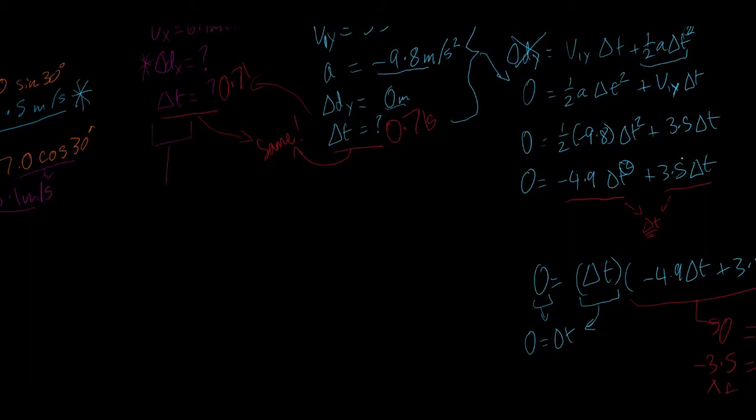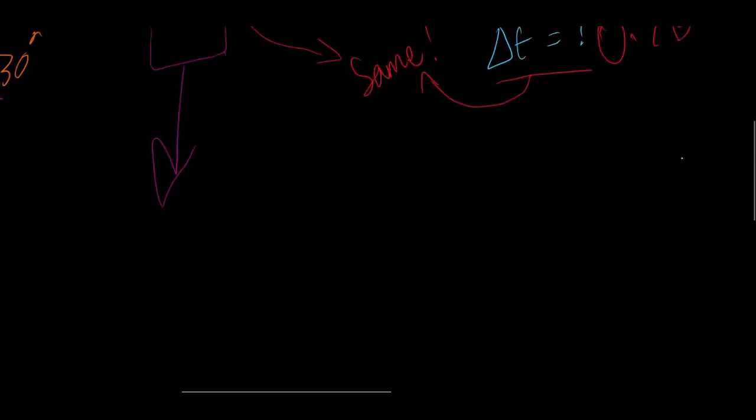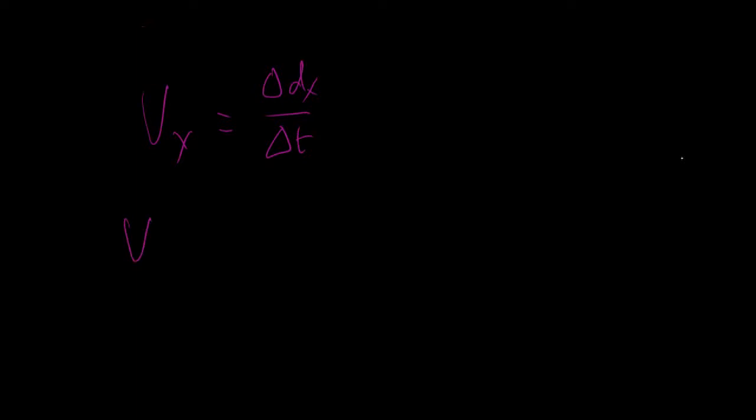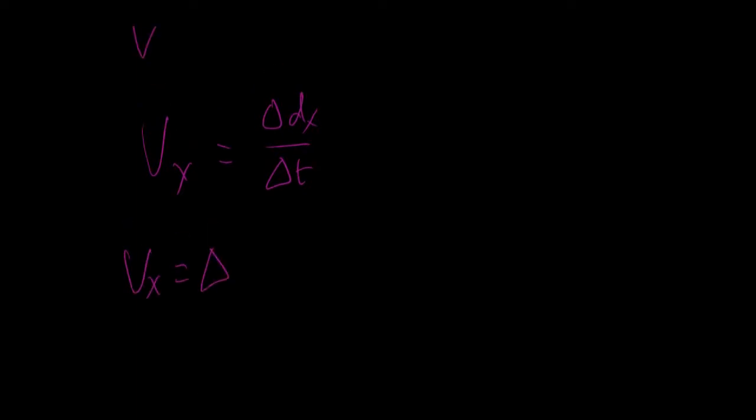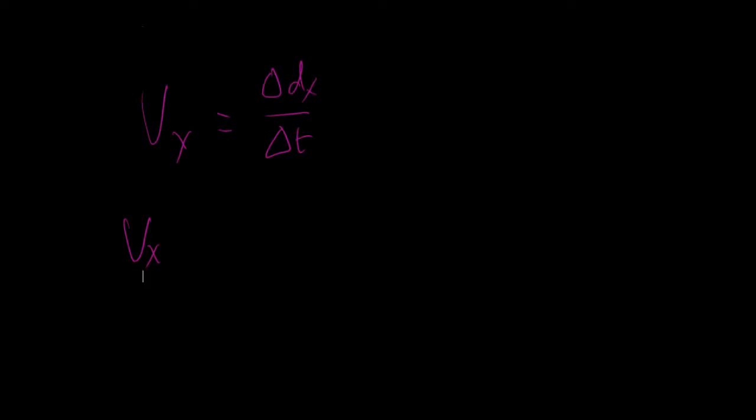Take all this data, and we get the base of the equation, which is velocity in the x direction equals displacement in the x direction divided by time. Now we know velocity, and we isolate for delta dx. That would be vx delta t equals delta dx.